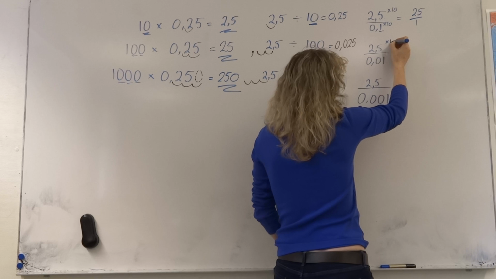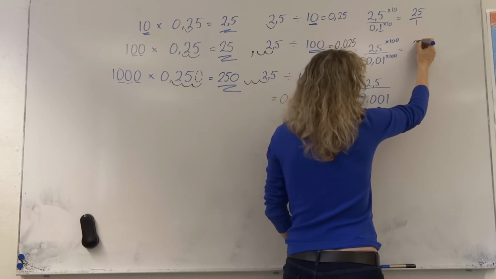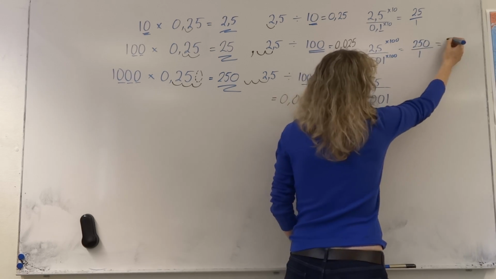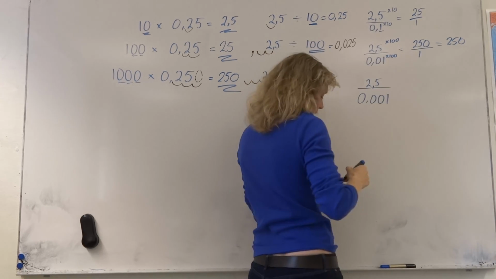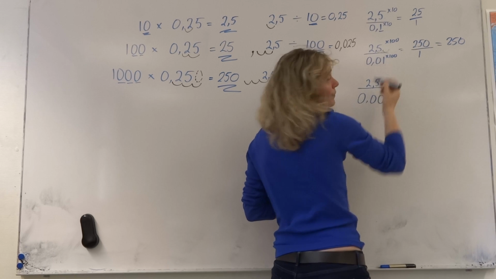Here, we'd have to multiply top and bottom by 100, which would give me 250 divided by 1, which is 250. It's the same as if I'd moved the decimal point 2 places to the right. 1, 2.